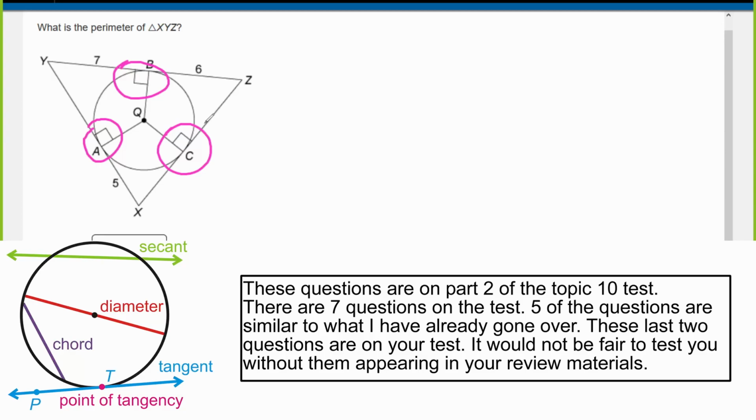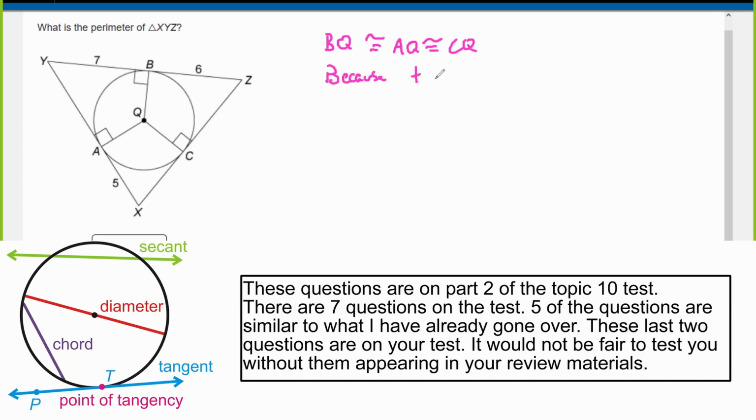On its own, maybe not the most meaningful thing, but we know that BQ is congruent to AQ, which is congruent to CQ, because they are radii of the same circle. So I'm going to go ahead and mark that.